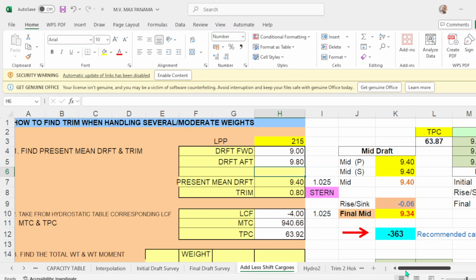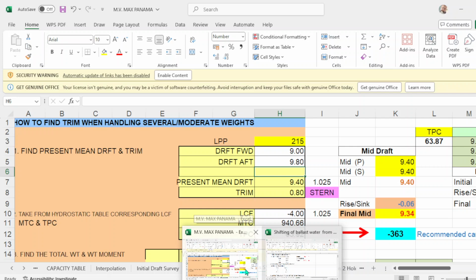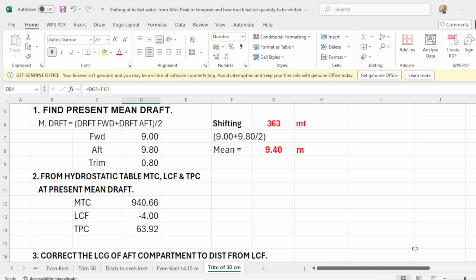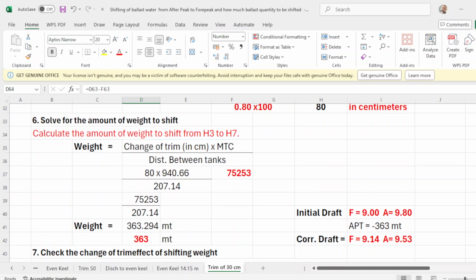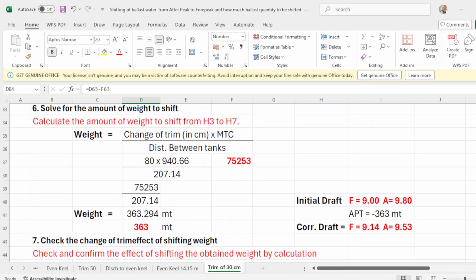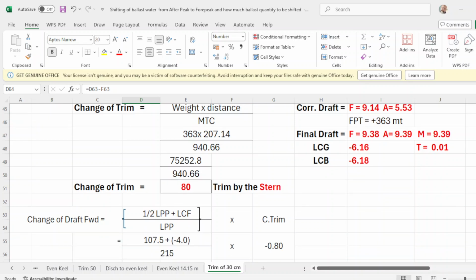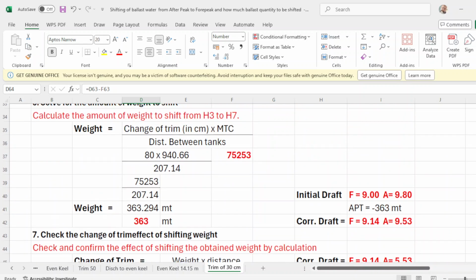Now, your weight to ship to another tank is how much? Weight is 363. Okay, 363 is the weight.